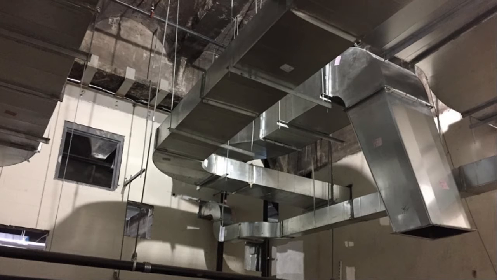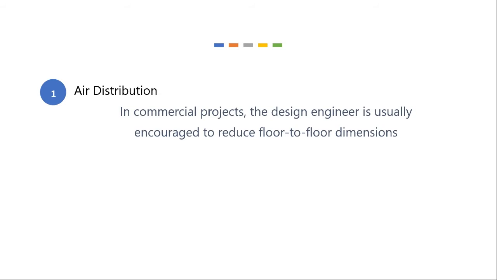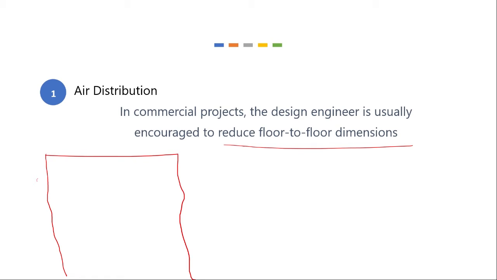Here's some ductwork. In a commercial project, we're trying to reduce floor to floor dimensions. What I mean is, if we have a tall building and we have a floor and another floor and another floor, our HVAC equipment goes in the ceiling.